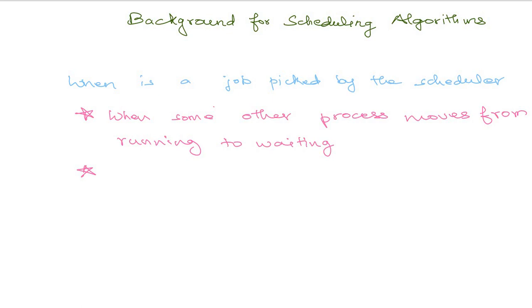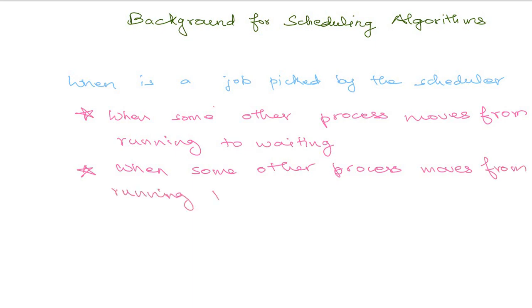And after that, the second one is when some other process moves from running to ready. Then the third one is when a new or existing process moves to ready state.